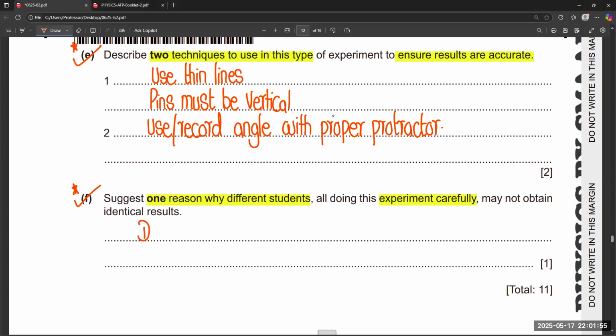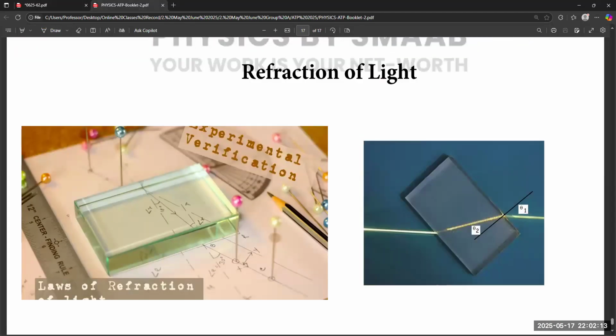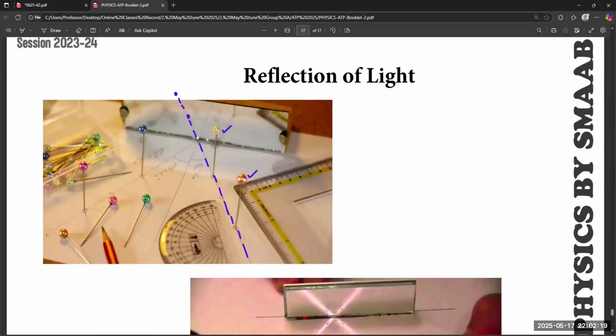So we can say it is difficult to align pins. It is also shown in the notes. This is the experiment. So you can see this experiment is not very simple to perform practically. So that's why there is a chance of errors.